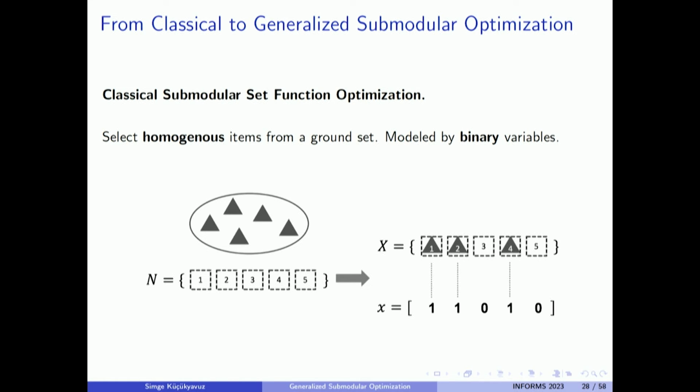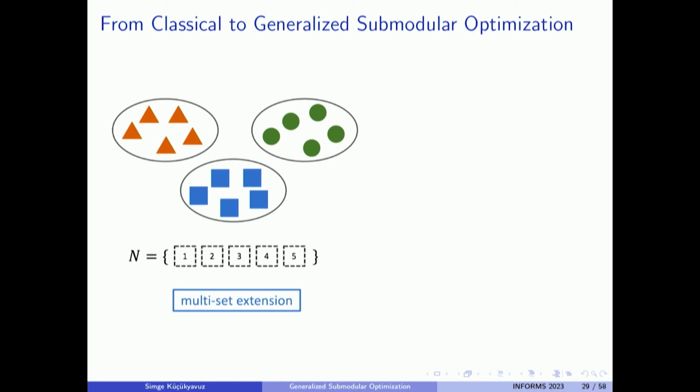So that's a binary function, and we're interested in selecting one subset. That subset means all the items in the ground set are homogeneous, they're interchangeable, so you're trying to choose one subset out of this ground set. So that's the classical submodular set function.